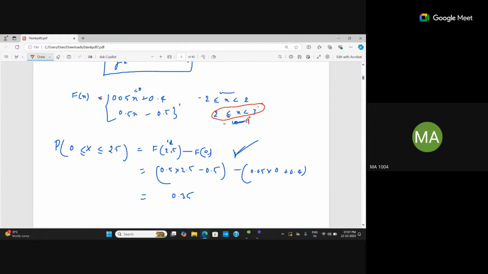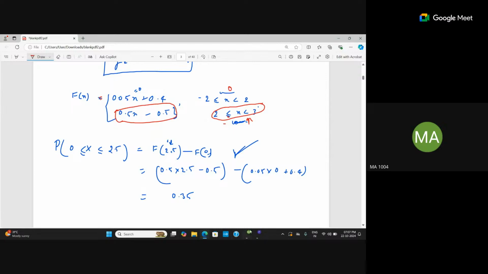Any point lying in this interval, the CDF at that point is this. So you have to put the value of x in this equation. Got it, ma'am. Similarly, we have to find it for 0 also. 0 will lie in this interval, so we put 0 in this equation, right?